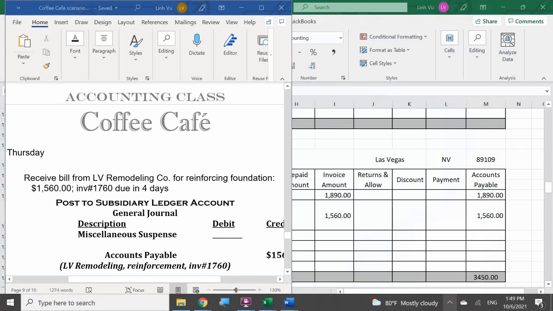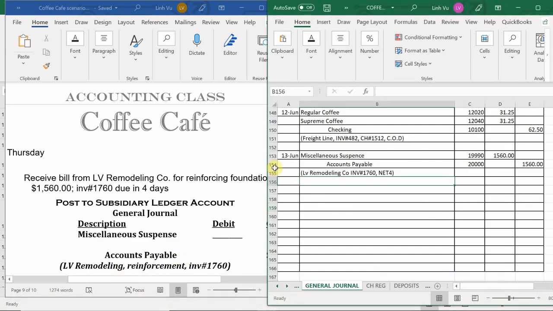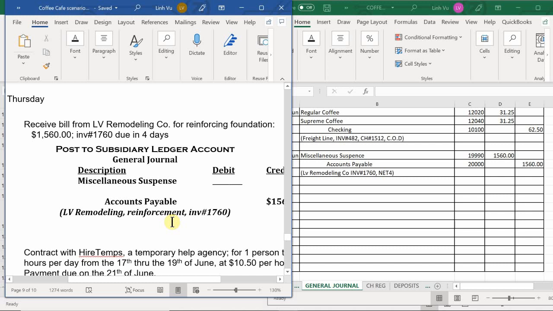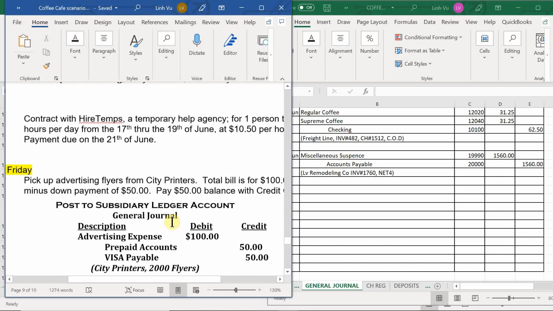We didn't deal with inventory, so no need to go to the inventory worksheet. Now, what did we do here?